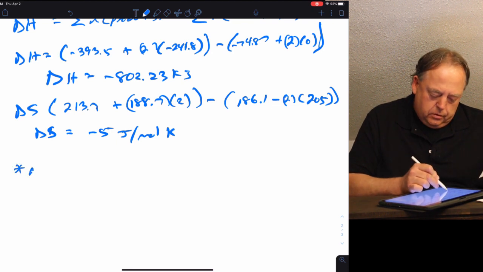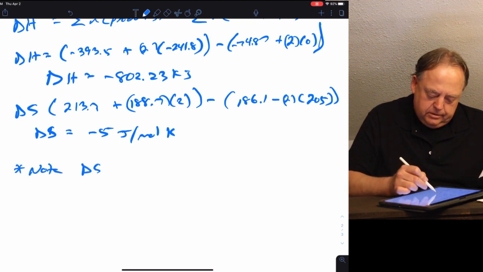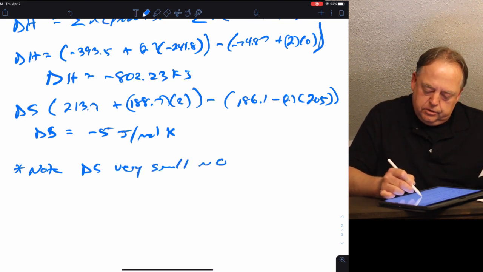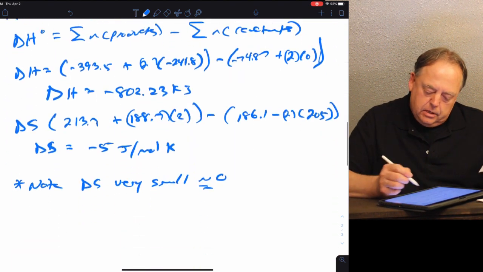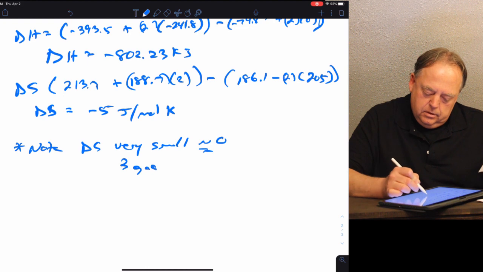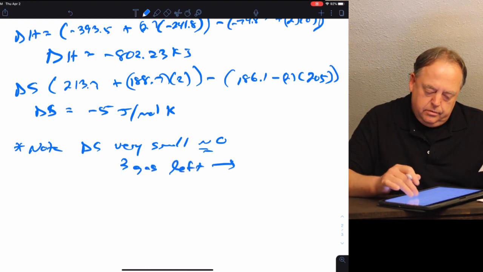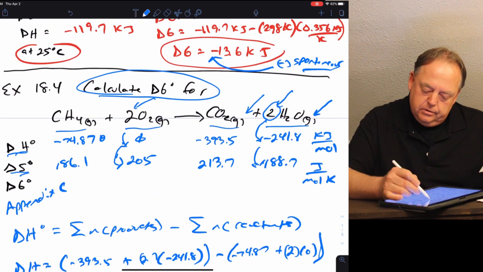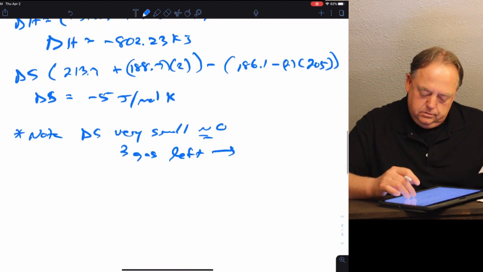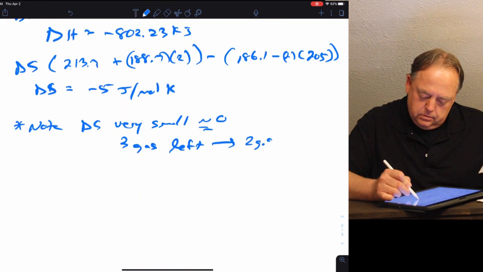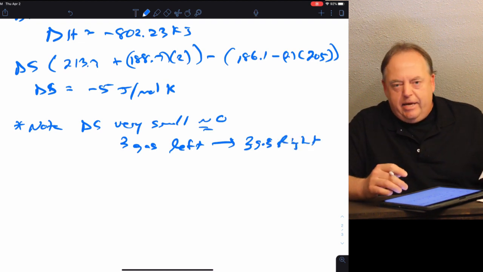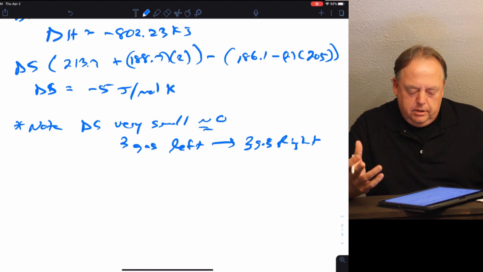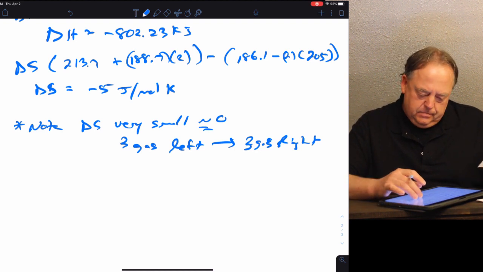If you notice, delta S is very small, which is around 0, and you could predict that just from the reaction because you have 3 gas molecules on the left going to 3 gas molecules, CO2 and 2 waters. So 3 gases become 3 gases, there's not much change in order, so entropy should be around 0.